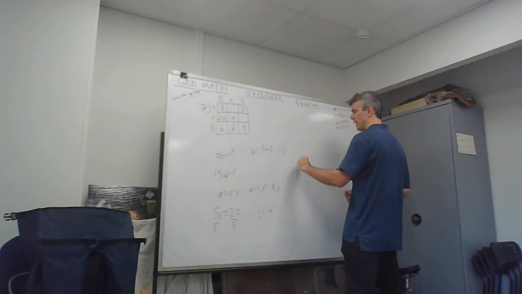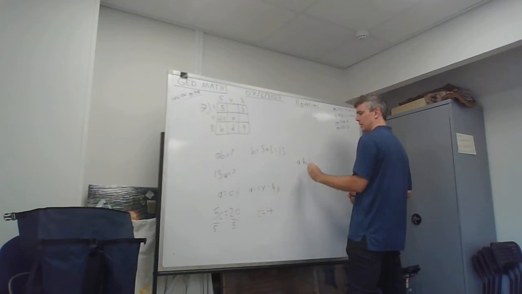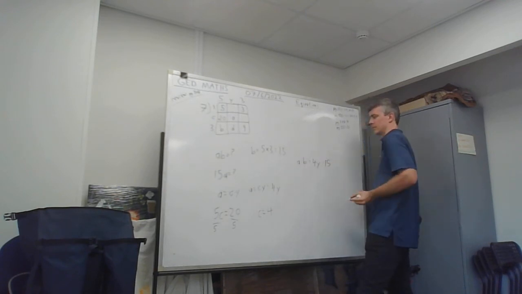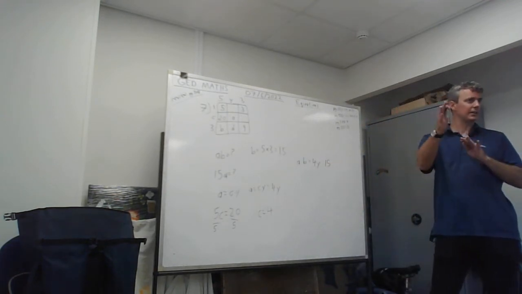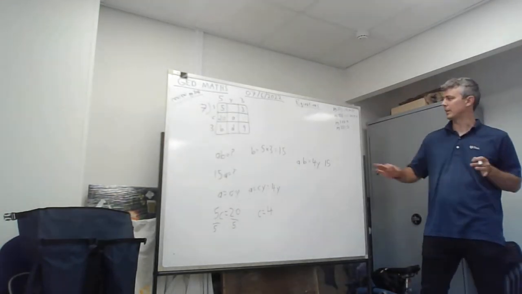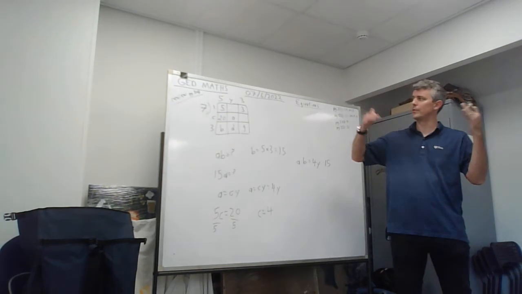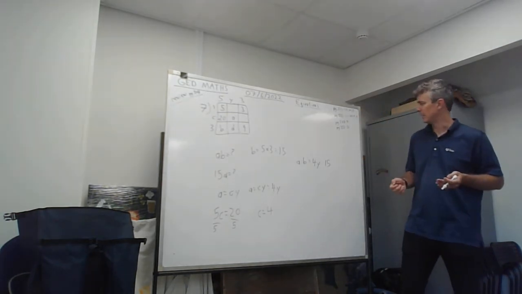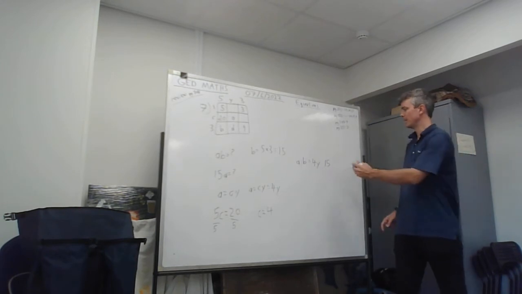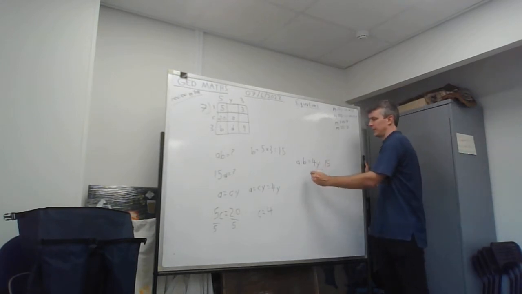Therefore A times B equals 4Y times 15. You see how I'm just putting different pieces together. It's a complex problem. You have to put each piece together, going with the information you have. So this equals 60Y.